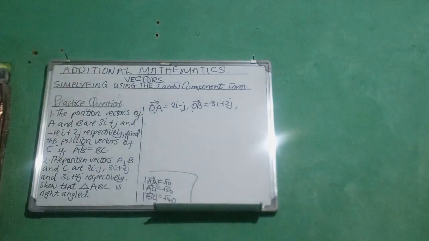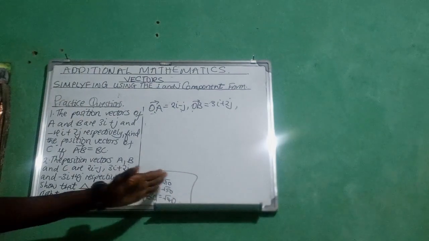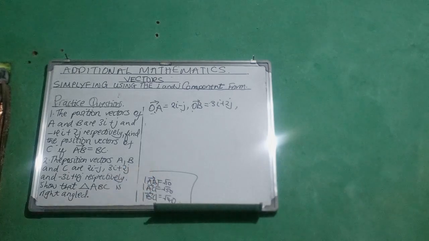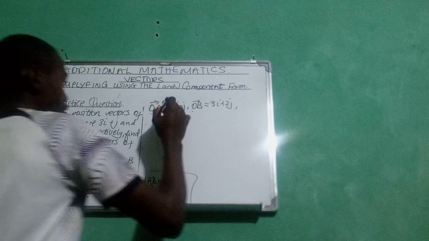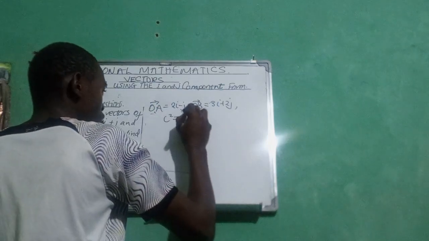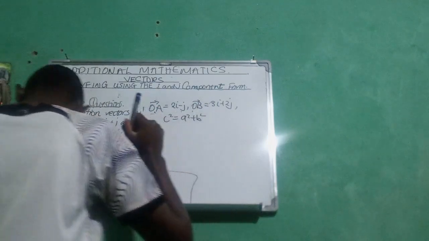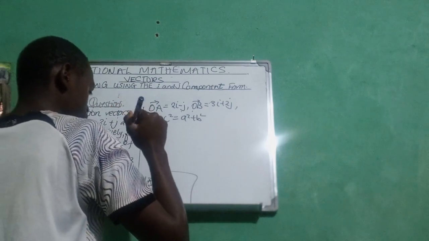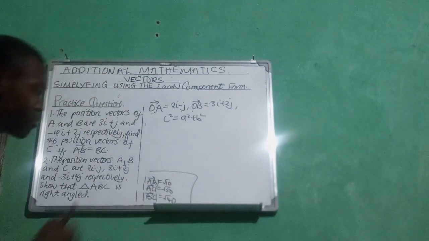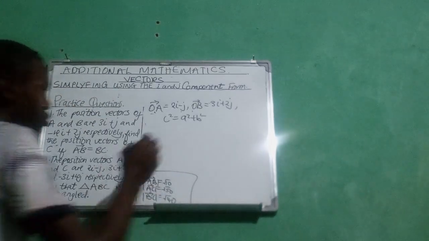If you look at these right here, we can use the Pythagoras theorem to prove it. So C squared is equal to A squared plus B squared. The biggest that we can see here is square root of 50.